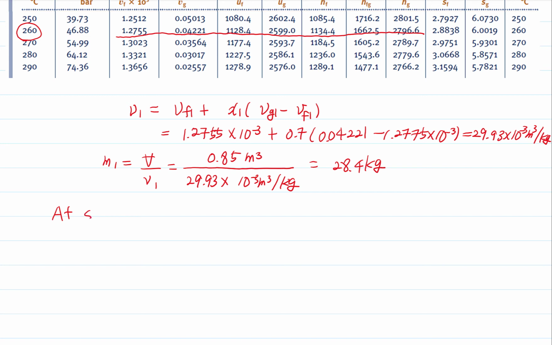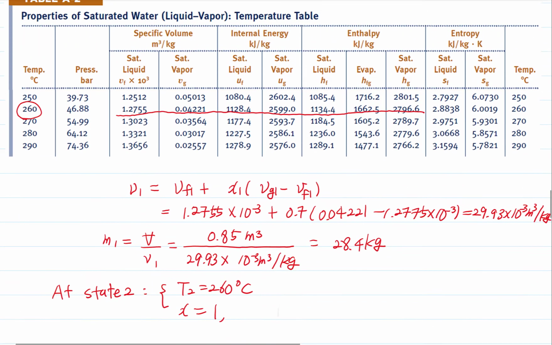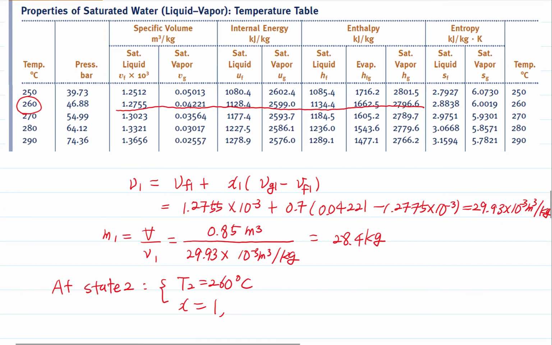At state 2, we know the temperature is still 260 degrees Celsius and the quality is 1. The saturated vapor takes up the tank. So again, use table A2 to determine the specific volume and internal energy.